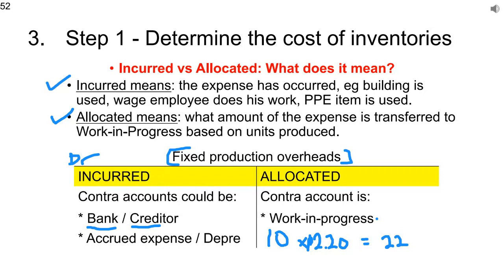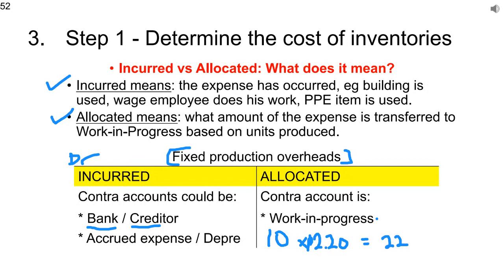We've transferred it into work in progress. So when you do that exercise, you are allocating the cost to a specific unit that you've produced. That is what allocated means. I don't want you to get confused.